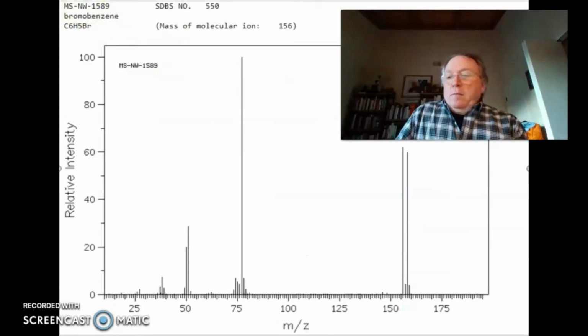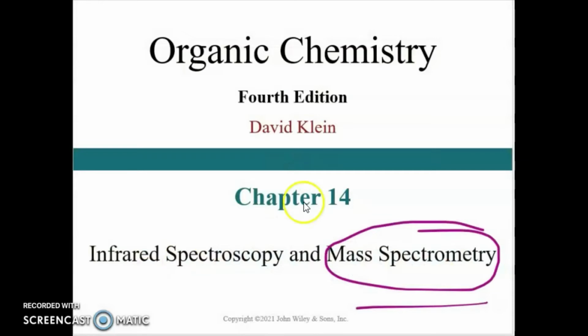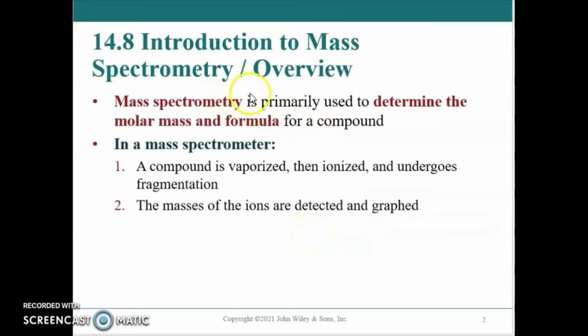So these slides come from our textbook. I'm going to try to shrink this window a little bit. There we go. And what I'm focusing on here is chapter 14 from Organic Chemistry, David Klein, on mass spectrometry. Mass spectrometry is primarily used to determine the molar mass and formula for a compound.